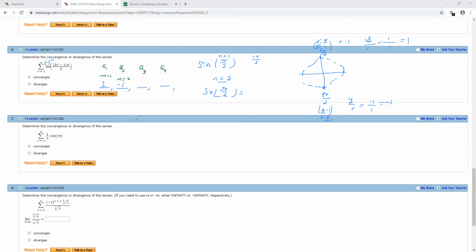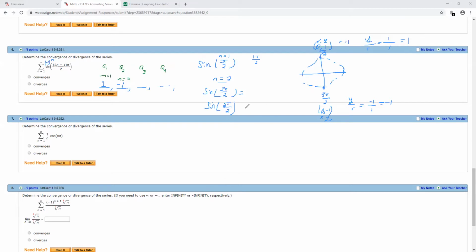Is that okay? Yeah. 3. 2 times 3 is 6. 6 minus 1, 5. 5 pi over 2. So now we're just starting to see a pattern. 1 pi over 2, 3 pi over 2, 5 pi over 2, and it'll be 7 pi over 2, like that.